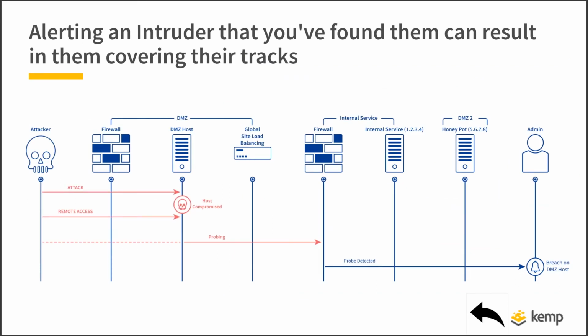So what this looks like is, once we've been notified or detected that a particular host is compromised, in this case in the DMZ, we see that that host is compromised, and then on the right-hand side within our LAN, we see that we have an internal service on 1.2.3.4, and we have a honeypot on 5.6.7.8 that's contained. What we want to do is ensure that the attacker lands on the honeypot and doesn't discover that internal service that could be sensitive.